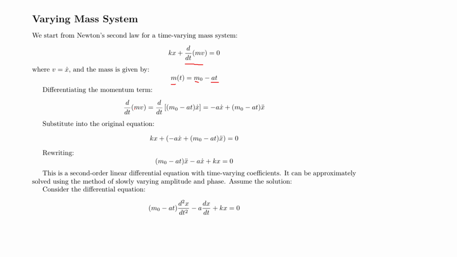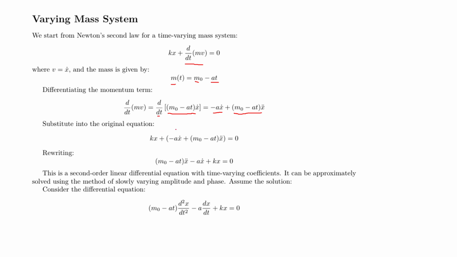Now if we differentiate this rate of change of linear momentum d/dt of mv, substituting the value of m as m0 minus at and the velocity replaced by x dot, then after differentiation we get minus a x dot plus (m0 minus at) into x double dot. It is a simple differentiation, you can cross check it.